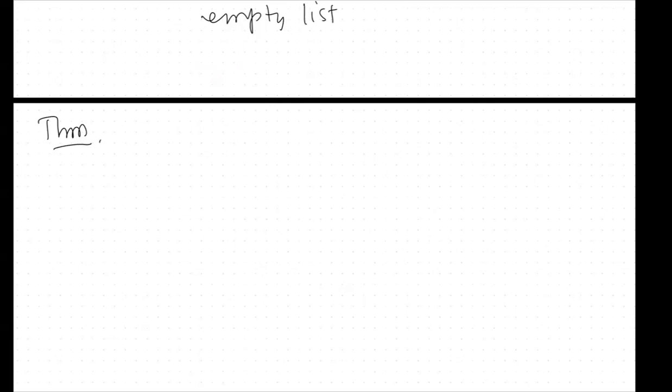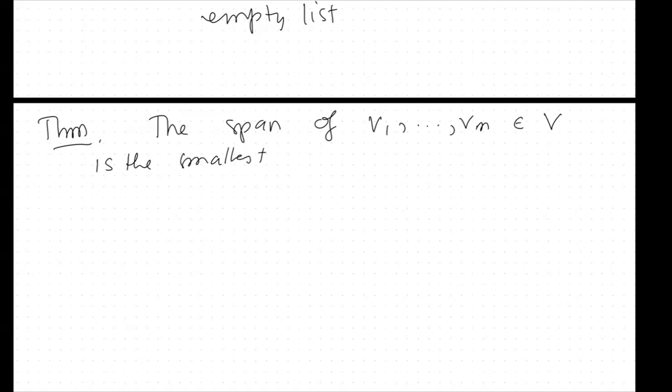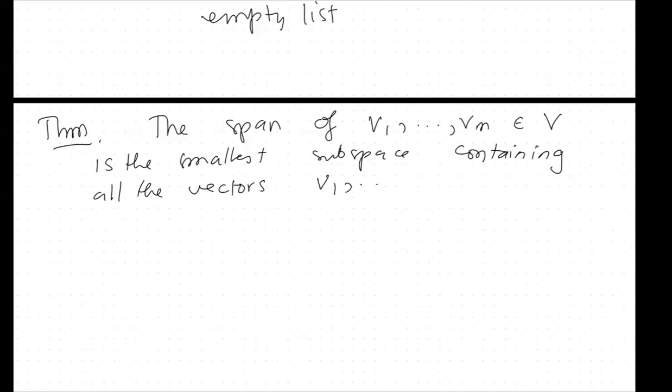The span of a list v1 to vm of vectors in V is the smallest subspace of V containing all the vectors v1 up to vm. The proof is similar.